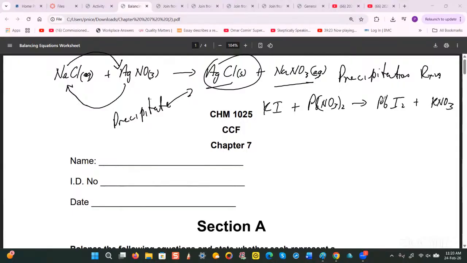And to balance this, we're going to need a 2 here and a 2 here. Now these two on the reactant side are both aqueous solutions, and it turns out that the lead 2 iodide is a solid, and this would be an aqueous solution. In this particular case, if I remember correctly, this has a yellow color. In fact, I think I remember seeing that video.